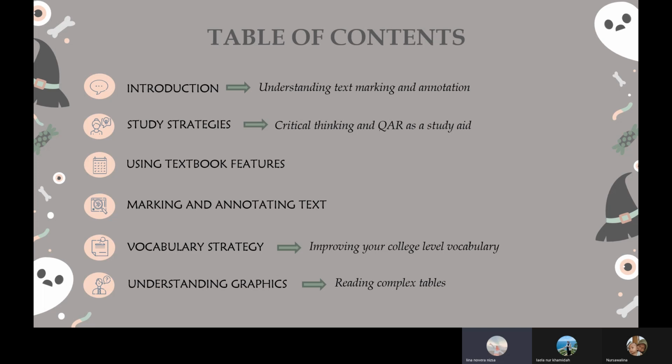Okay, before going to the definition, I would like to show you our table of content first. So here is what we are going to tell. The first is introduction, understanding text marking and annotation. The second is study strategies, critical thinking and QAR as a study aid.